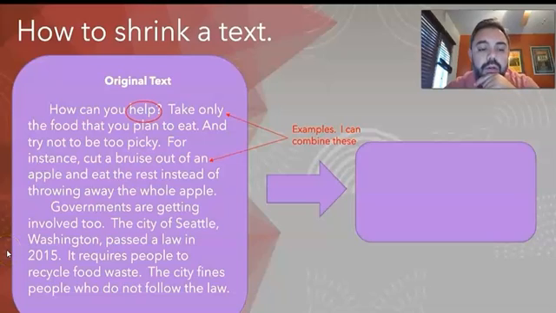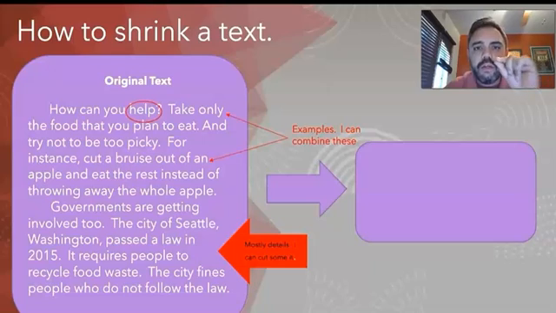Working our way down into our second paragraph, this is mostly very specific details about a very specific city, but I can cut some of it out. Like I can cut out the specific city, because the topic sentence of the paragraph tells me that governments are getting involved too. So that means many cities across the country are doing it.